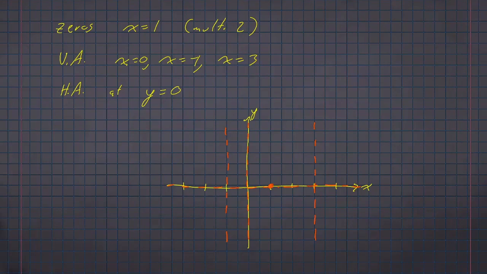In order to do that, I'm going to look at these regions. The only way that the rational function can cross from one side of the x-axis to the other is either to pass through the axis or to do something at one of the asymptotes.